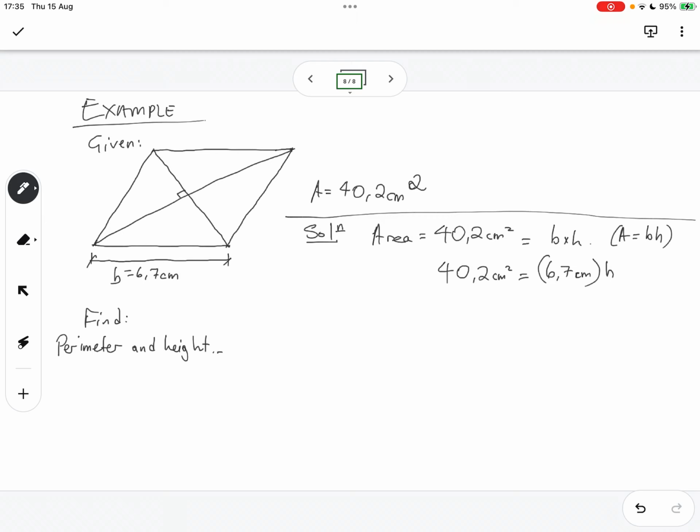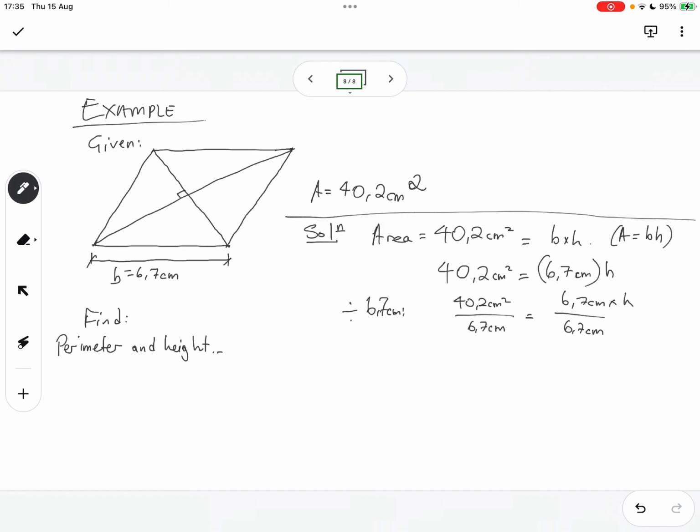Then the next thing we can do is apply multiplicative inverses to both sides. That means we divide both sides by 6.7 centimeters, so 40.2 square centimeters divided by 6.7 centimeters equals 6.7 centimeters times h divided by 6.7 centimeters.